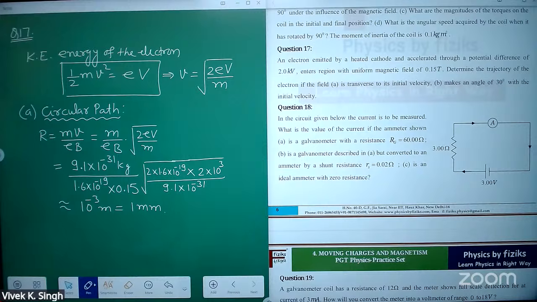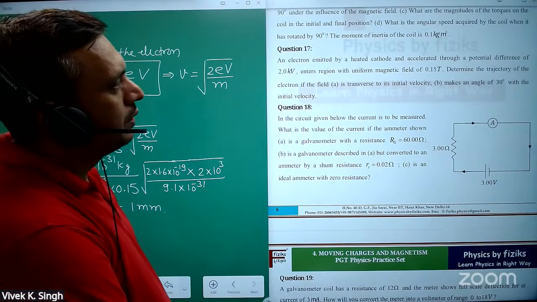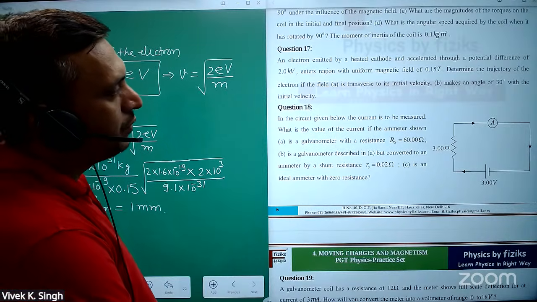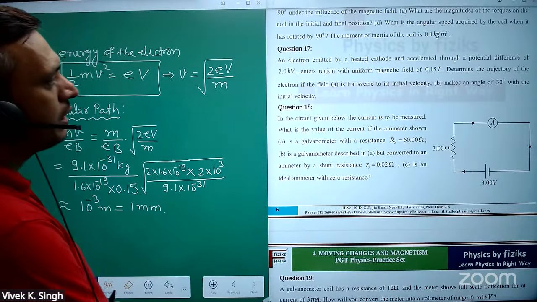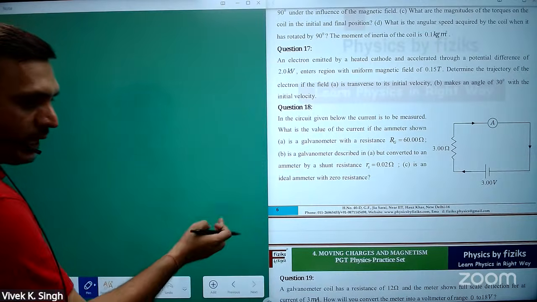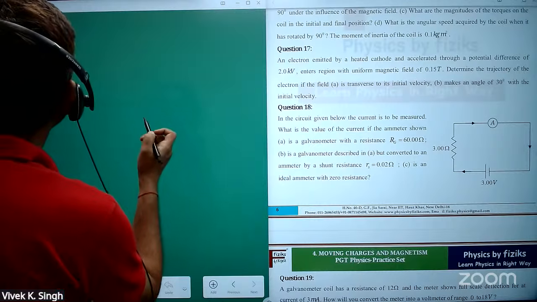Now in the B part, let's see. You have to see when it makes an angle 30° with the initial velocity, what will be the path taken by the charged particle?